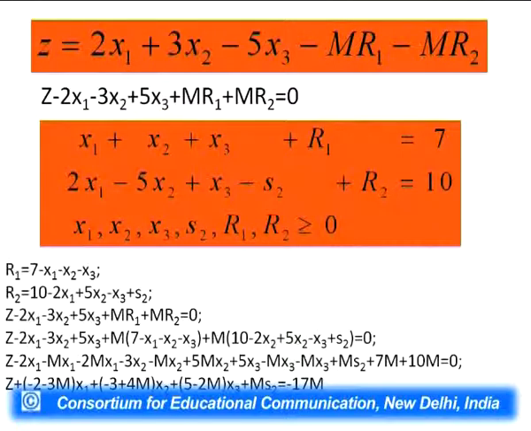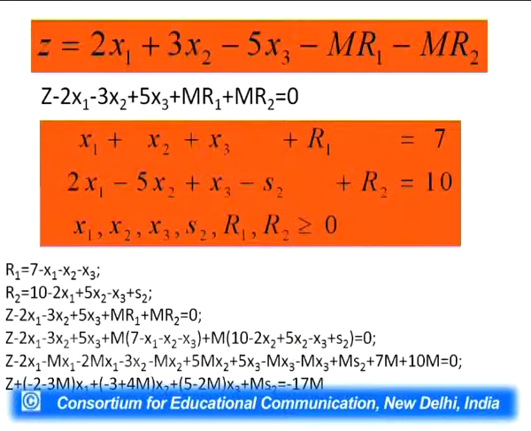With further simplification, we will get z plus within brackets minus 2 minus 3M, bracket closed, x1, and next plus within brackets minus 3 plus 4M, bracket closed, x2 plus 5 minus 2M, bracket closed, x3 plus Ms2 equal to minus 17M. Why minus 17M? Because on the left hand side we have 7M plus 10M. 7M plus 10M is 17M, and this is positive in nature. When we take it to the right hand side, the sign will change to negative. That is why it is minus 17M.